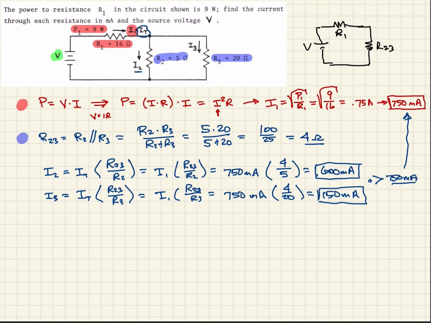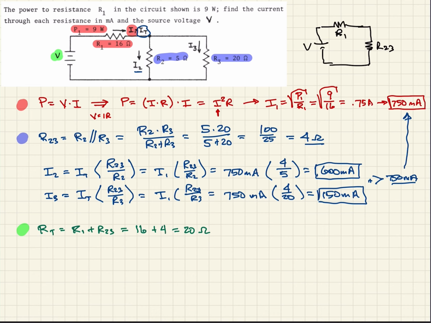We'll call this the green part here. R total, since they're in series, is just R1 plus R23. In this case, that'll be 16 plus 4, which gives us 20 ohms. So now we know what RT is.